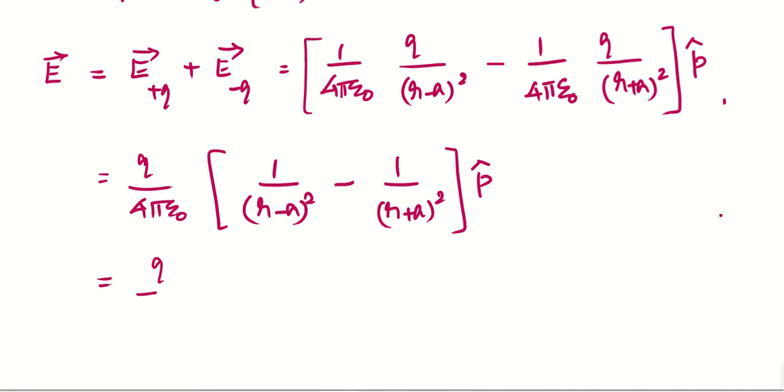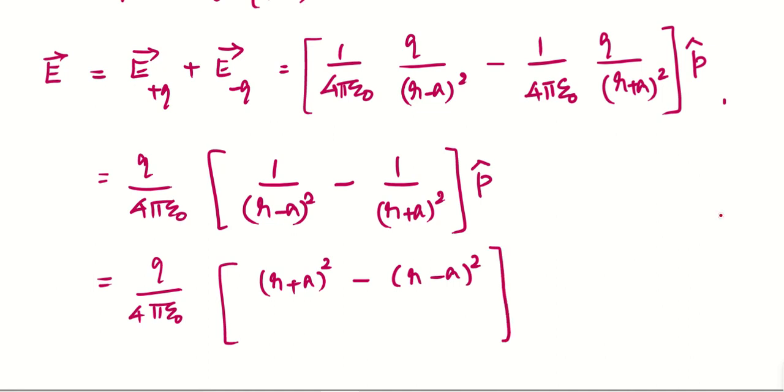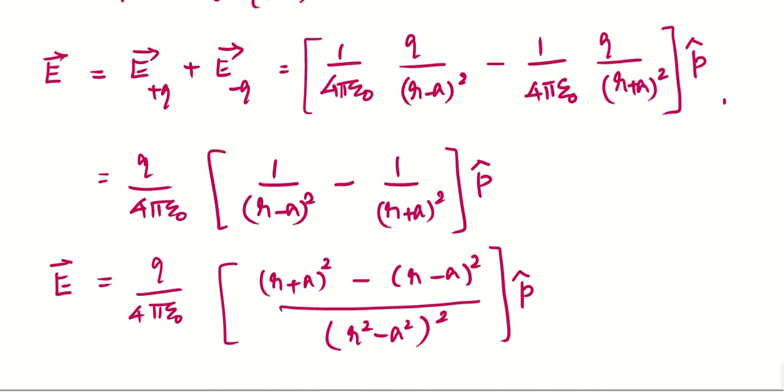So q divided by 4 pi epsilon naught. Let us simplify this. We can cross multiply and then expand it. r plus a whole squared minus r minus a whole squared, divided by, since a plus b into a minus b is a squared minus b squared, r squared minus a squared whole squared in the denominator. Once again we have to write here, this is the electric field.